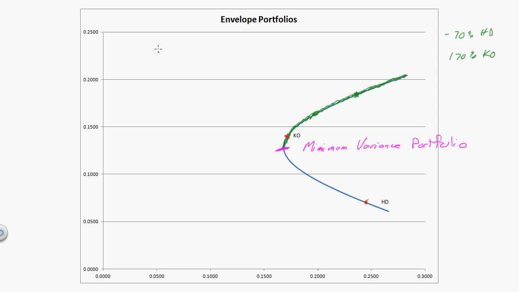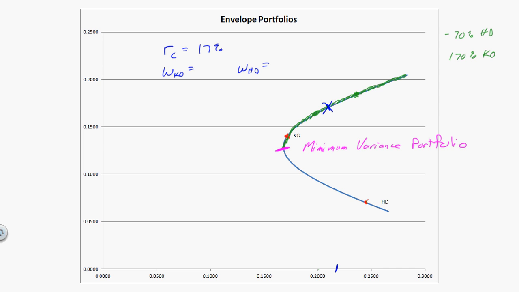So at this point we can have a client come in. The client can say to us, I want a return of, pick a number, 17%. Okay, client, you want a return of 17%? That puts you right here. That will give you this level of risk and this weight in Coke and this weight in Home Depot.